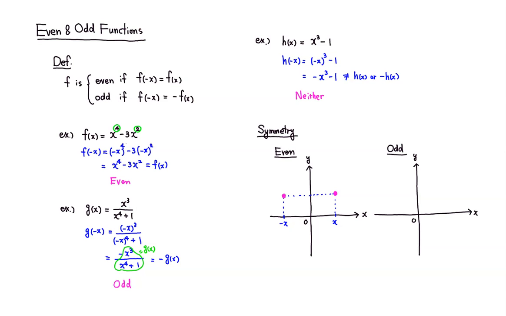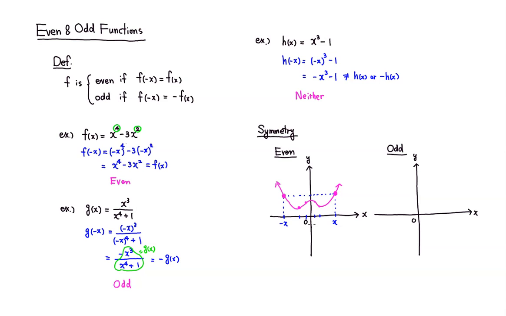If you pick another point, let's say the graph goes through that point and maybe that point. If you take another x value and its negative x, you have the same height on both sides. So the graph might look something like this. You can see exactly the mirror image happening about the y-axis.